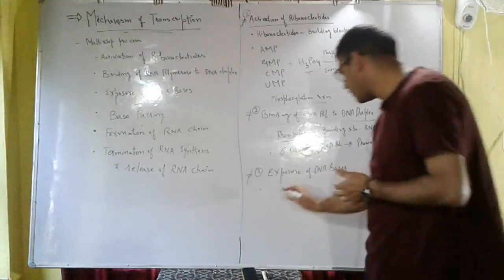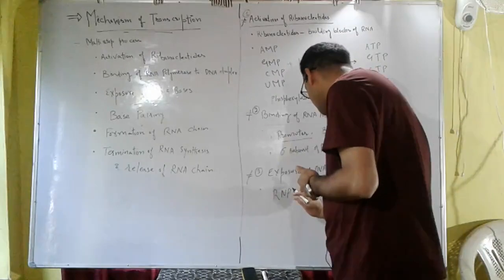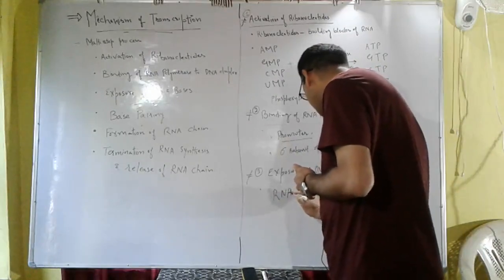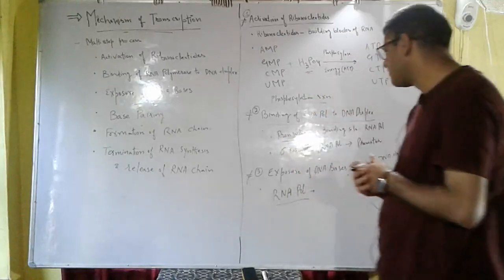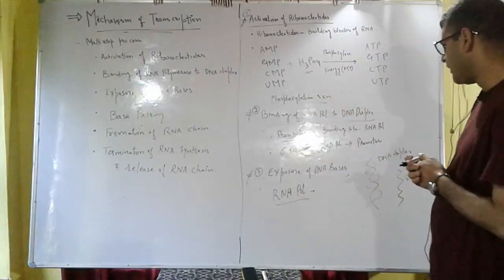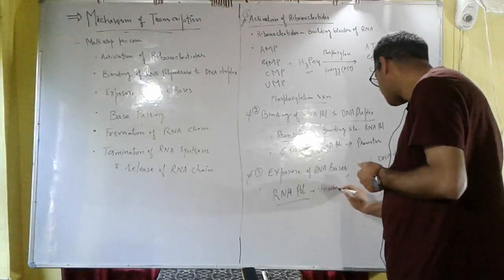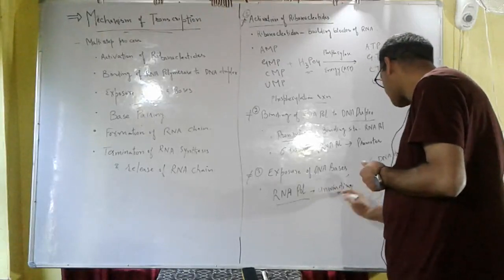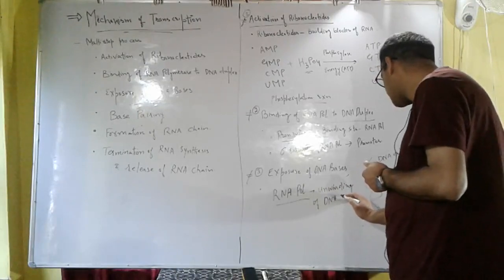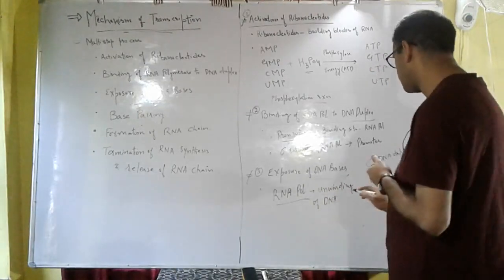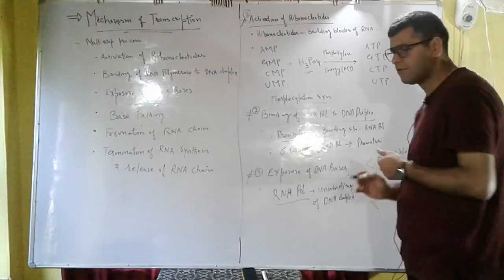It is the RNA polymerase that helps in the unwinding, or unzipping, of the DNA duplex.